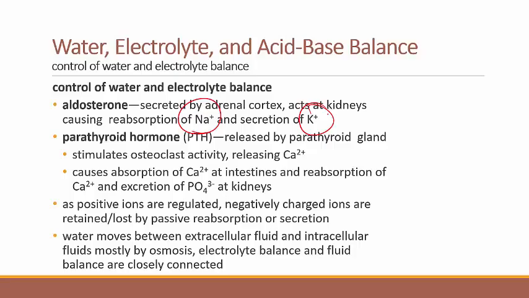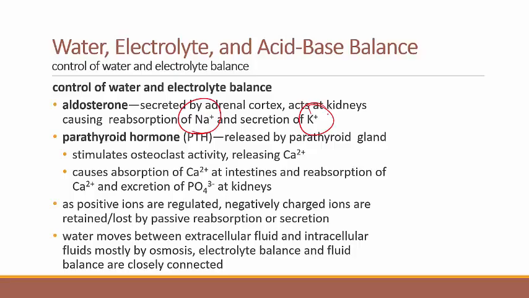Parathyroid hormone is released by the parathyroid gland, four little nubs of glandular tissue on the posterior of the thyroid gland. It stimulates the activity of osteoclasts, and because of that, we release calcium ions.